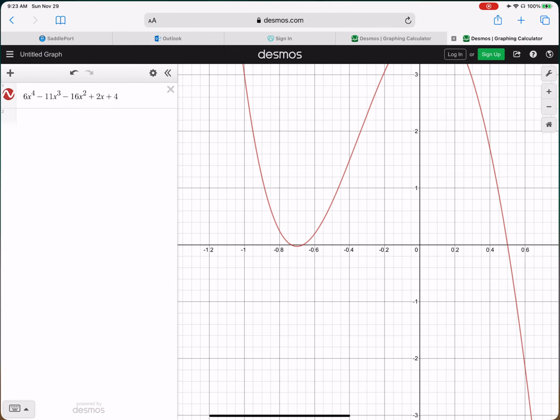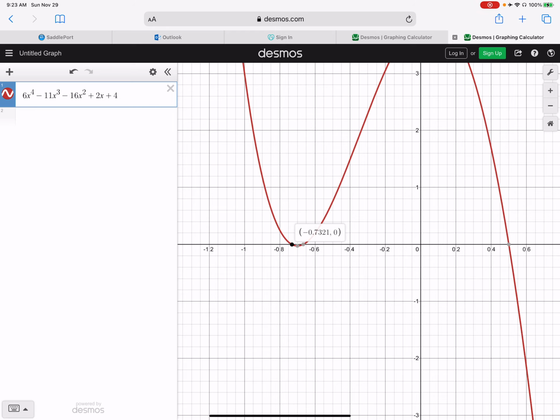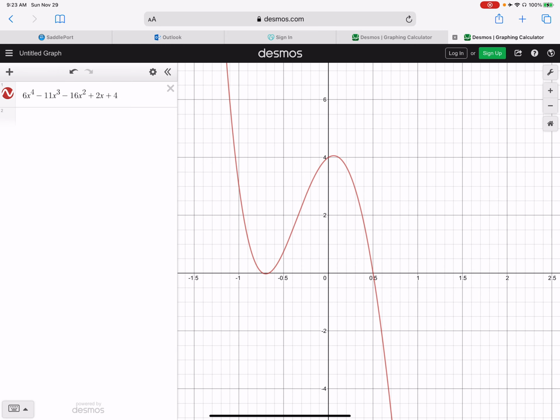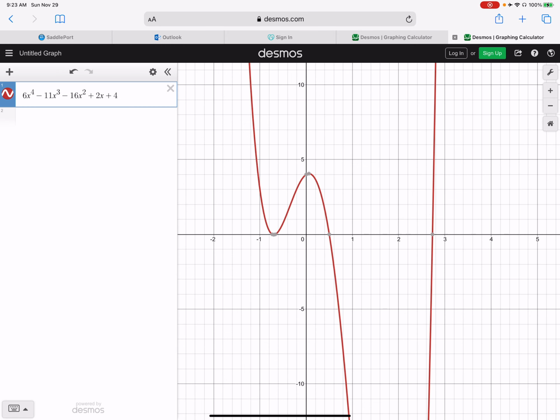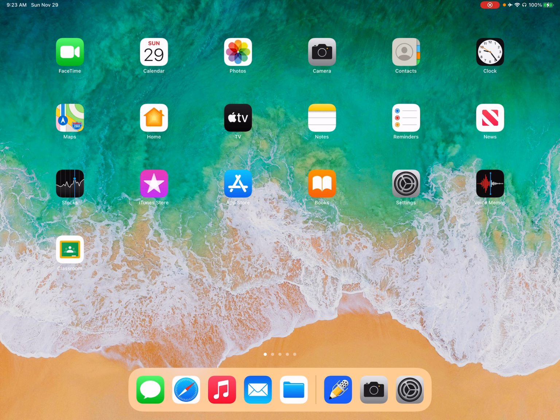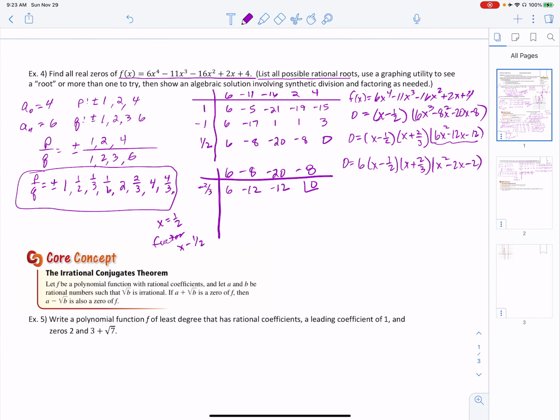If we go back to here, over here we have that negative 0.7321, and over here we have 2.732. Those are two zeros that are irrational. The rational root theorem won't help you find those directly, but now that we have whittled this down to an x squared minus 2x minus 2, I can continue to solve this by setting this equal to 0 and using the quadratic formula.